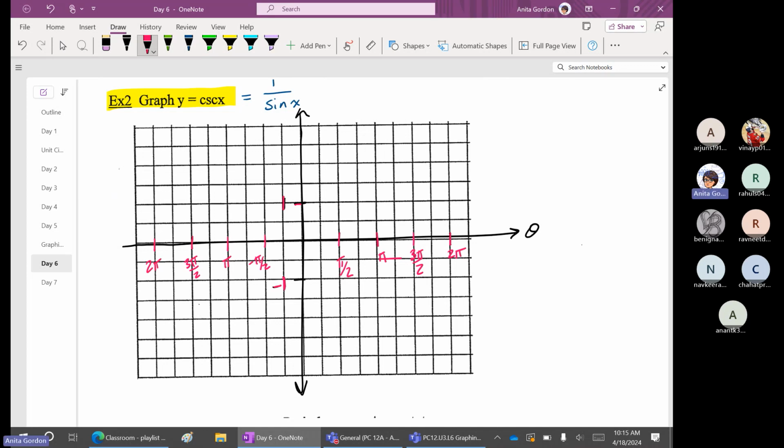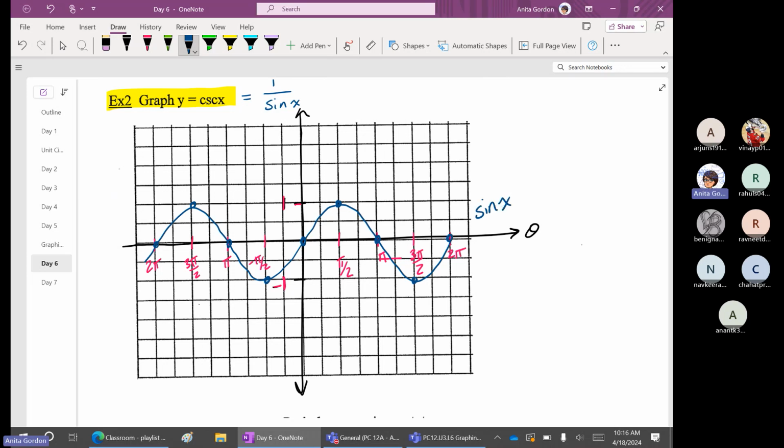Okay, without looking at the board or at me, let's look at your paper and the steps to find the function. Without looking at me or the board, where does sine start? Okay, this is sine of x.